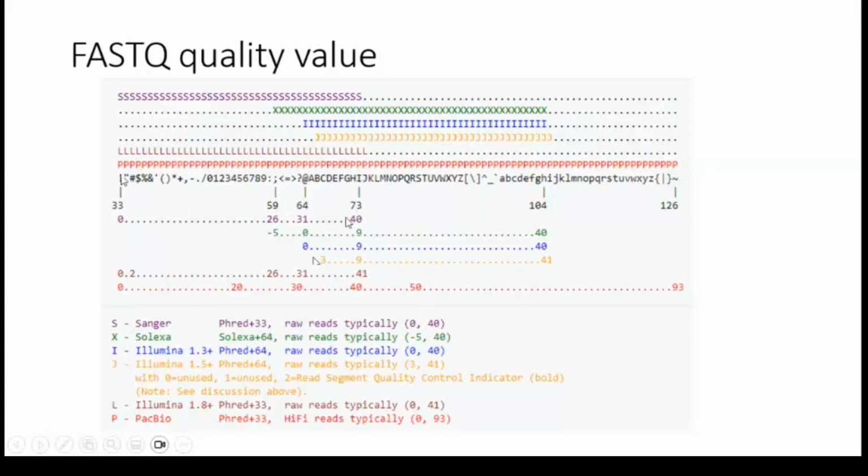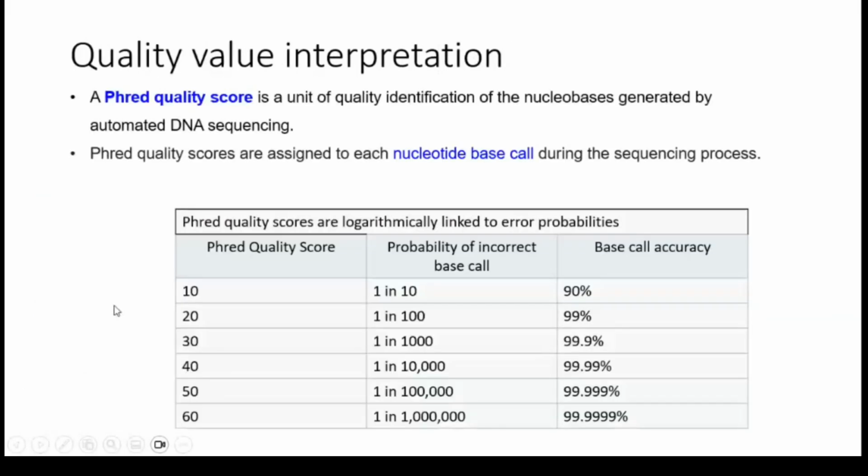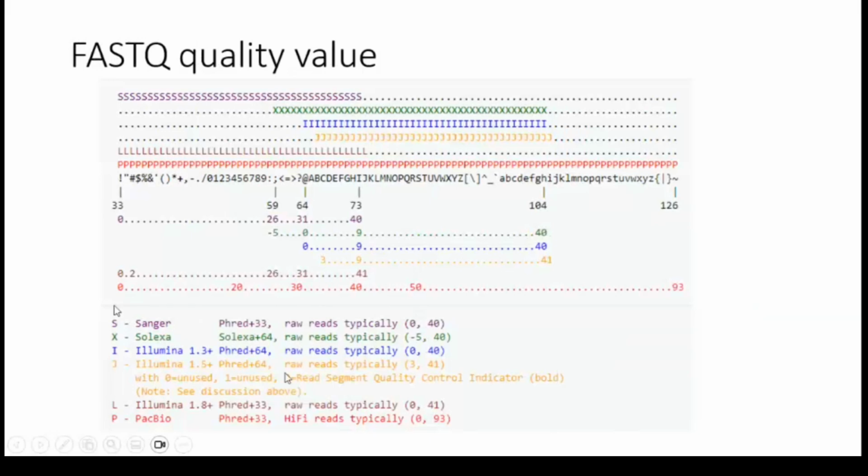H will be 40, G will be 39, like that in the quality line, the fourth line. H, H, E. So if it is 1.8 plus data, it means it has good quality, like G, H, I. A is also good, 30 plus, so more than 99.9% accuracy.